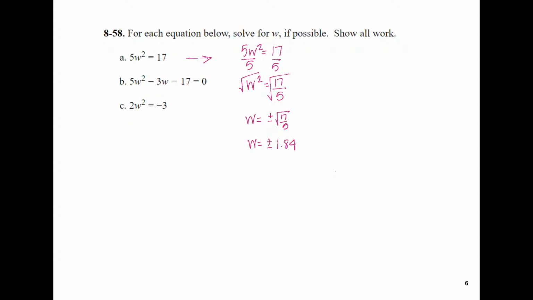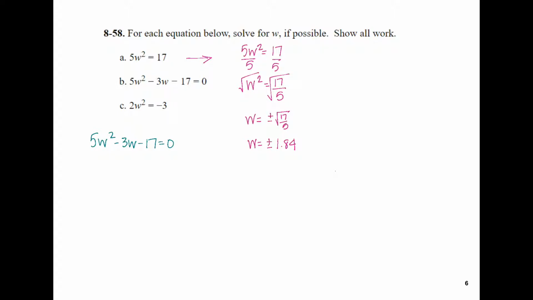When we look at question B, if we have 5W squared minus 3W minus 17 equals 0, I have multiple methods that I can use to solve. I can factor and use the zero product property. I could complete the square, and the method that always works is the quadratic formula.